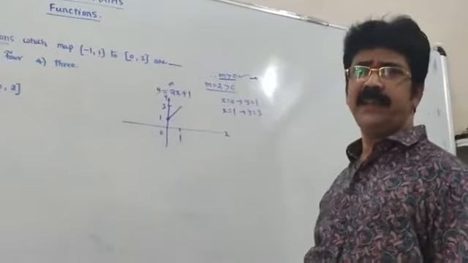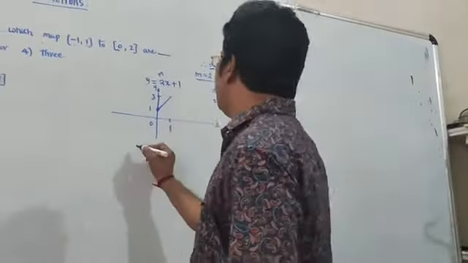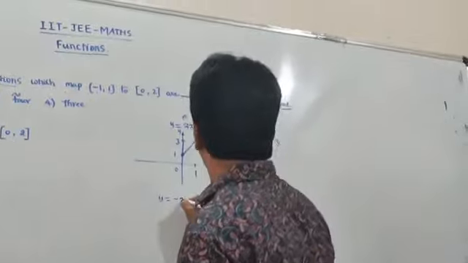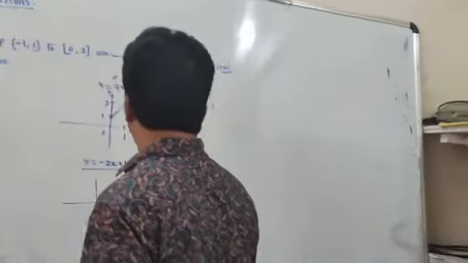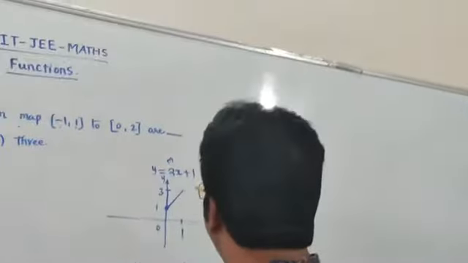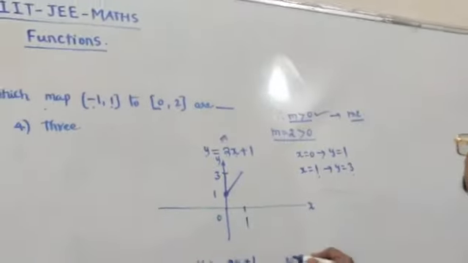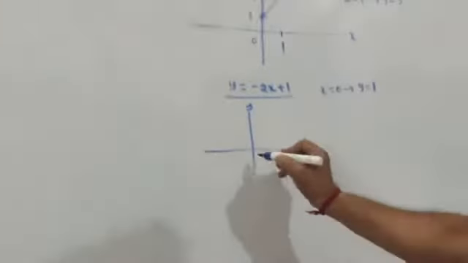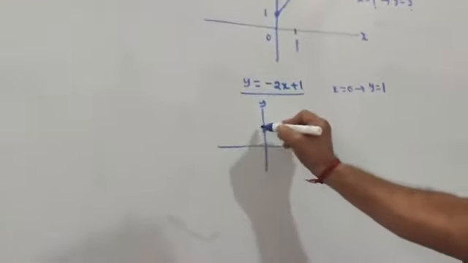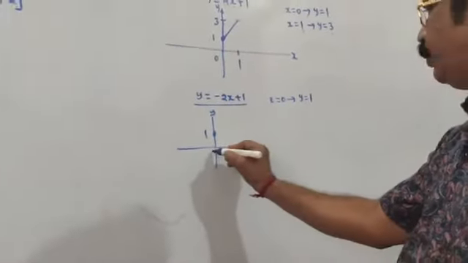Similarly, let us consider y = -2x + 1. Let us draw the graph of this line by taking random values. If x = 0, then y = 1, so we can plot x = 0, y = 1.